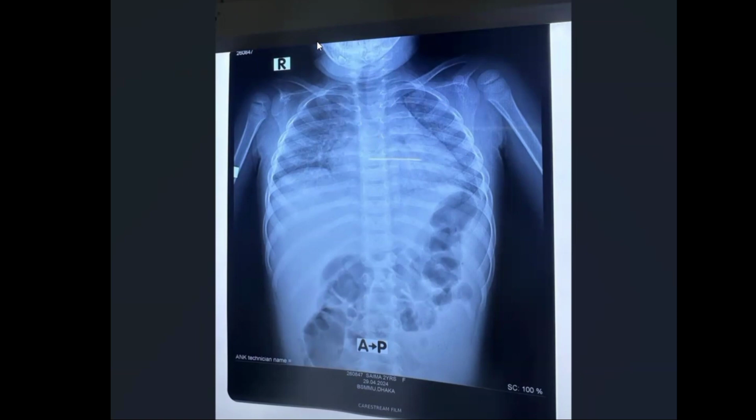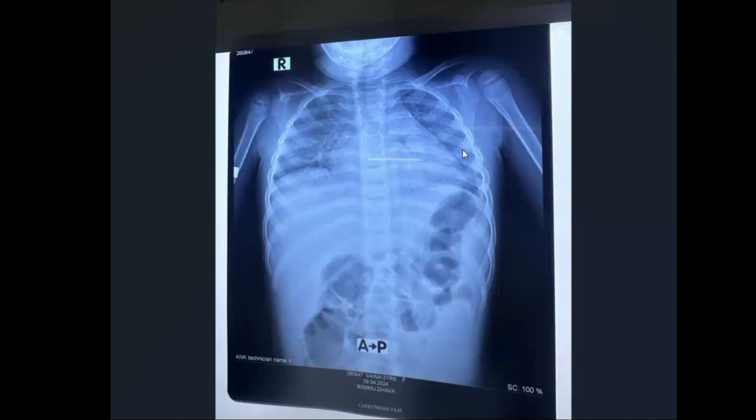Airway. B for bone. Bony thorax appears normal, right? We will see the clavicle, we will see the head of the humerus and shaft of the humerus and scapula, both scapula as well as ribs. Okay.